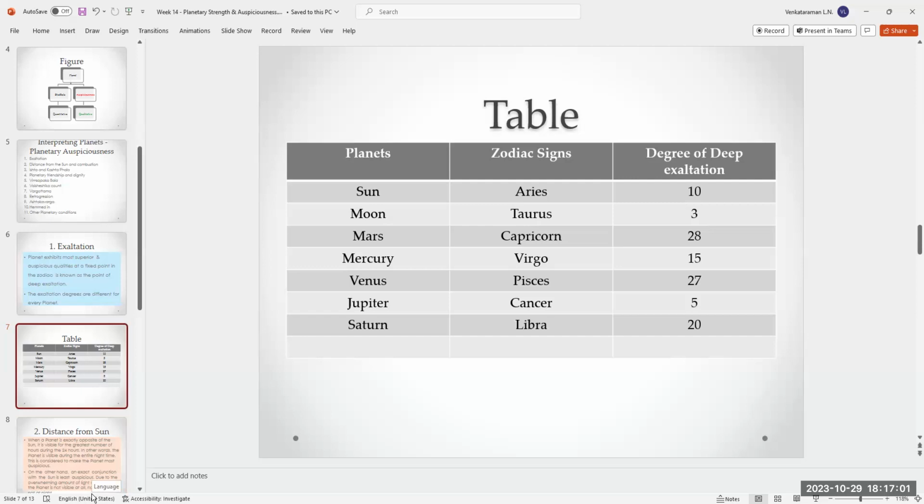Anyone else having anything in exaltation? So what this means is that, the strength. Now we know that by nature, can you say which one is malefic, which is benefic? Jupiter. Okay. And Venus. Benefic.